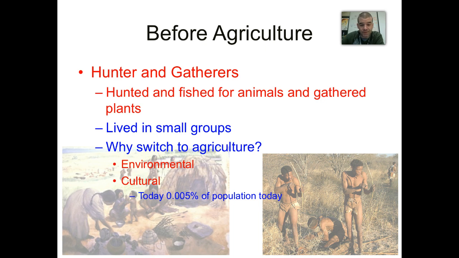Today, however, if we look at hunting-gathering societies, a very, very small portion of the world's population is actually still a hunting-gathering society. There are just a few tribes. Generally speaking, they are on the outskirts of modern societies, often trying to avoid or out of contact with the rest of the population.